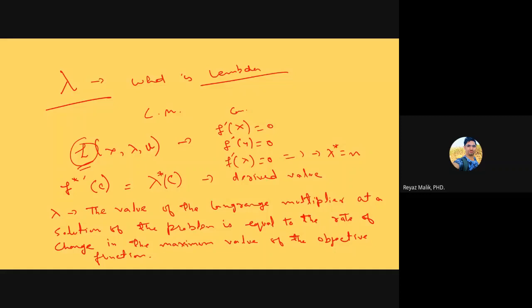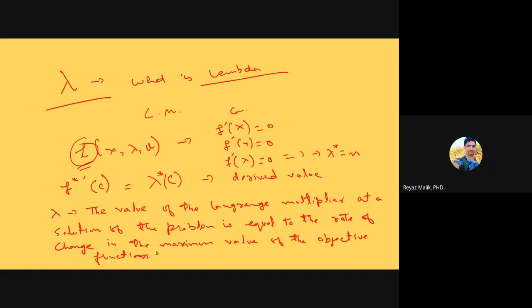At different points the definition may change, but remember, overall, what is lambda? It will give us the rate of change. When we solve the function with respect to x, y, and lambda, we have to substitute those values in the original function, the objective function, and get the final value of the objective function. Then what is the role of lambda there?